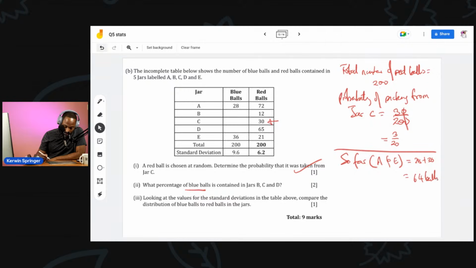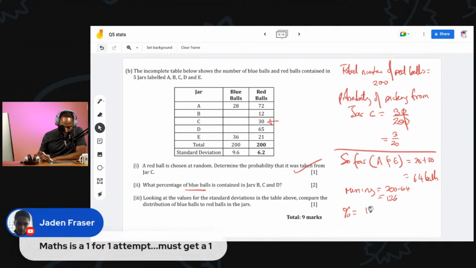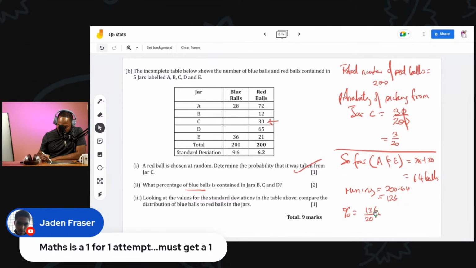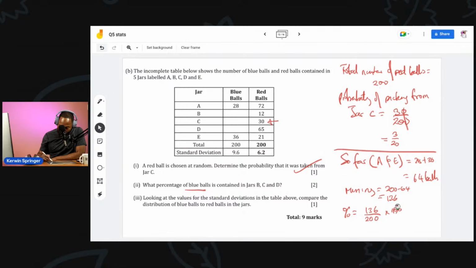So what percentage is missed out? Missing is 200 minus 64, which is 136. So the percentage in those jars would be 136 divided by 200 multiplied by 100. How much did y'all get for that?